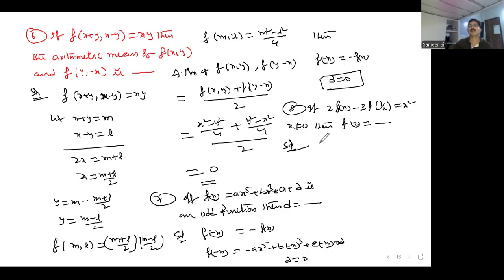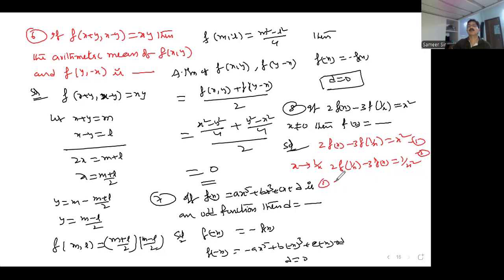Another one, what he has given here: 2f of x plus 3f of 1 by x is equal to x square. What I'm doing here now is replacing x with 1 by x. I may get it like this: 2f of 1 by x plus 3f of x equals 1 by x square. Say this is 1 and this is 2.